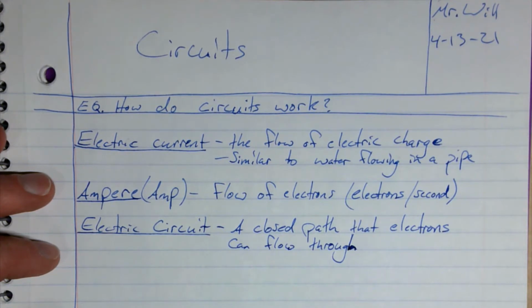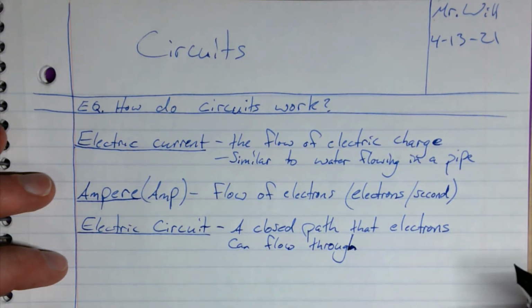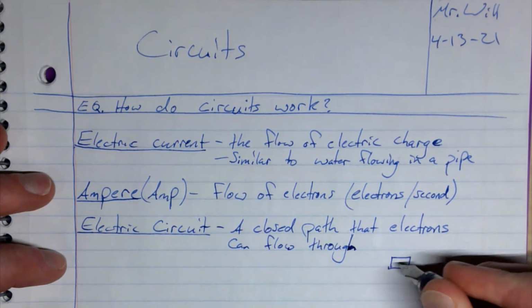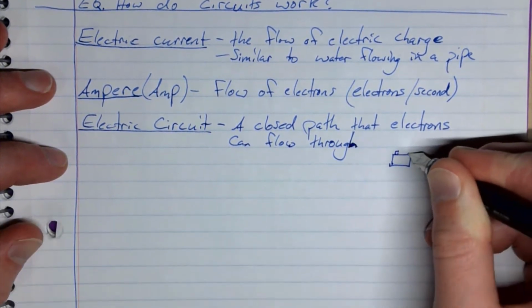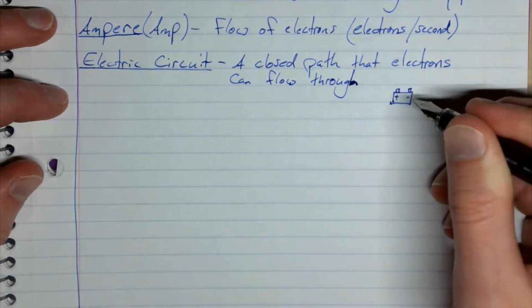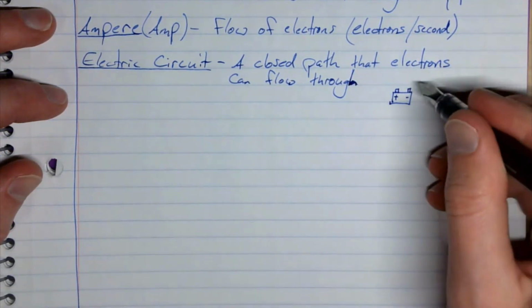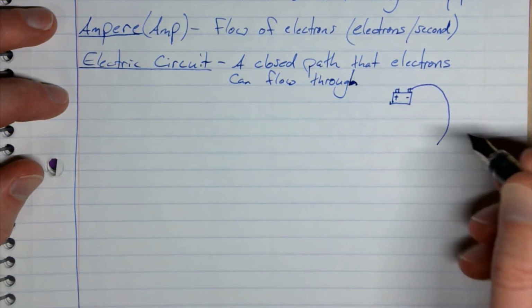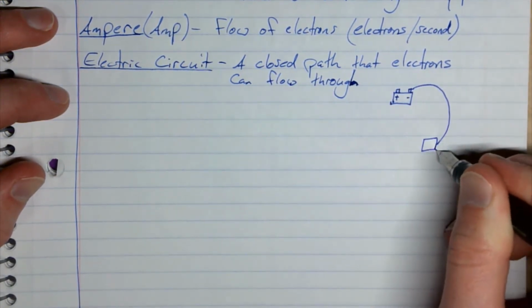So I'm going to draw a little picture here, and I want you to draw that as well. Draw a little square. It's my battery. I'm going to have a plus and a minus. We have some wires. Put this to a switch.